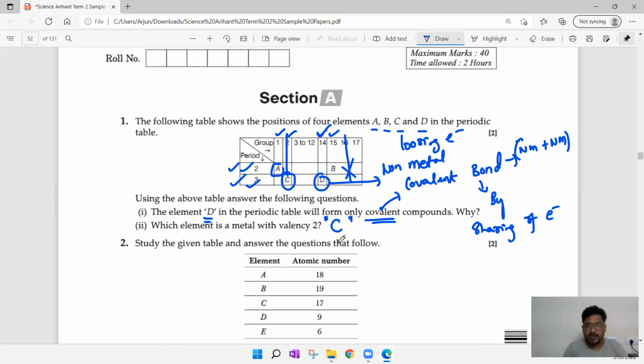And one small suggestion: whenever a question is given like A, B, C, D, don't go with what elements they are. If you come to the periodic table, as soon as you get the elements, you will be like, okay, hydrogen, helium, and they're talking about A, which is nothing but lithium, present in first group and second period.